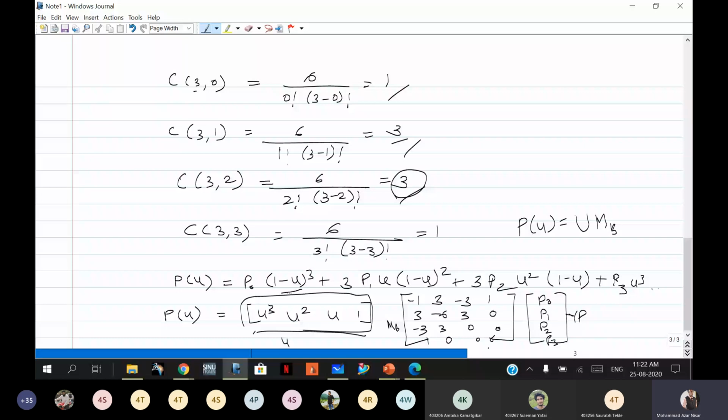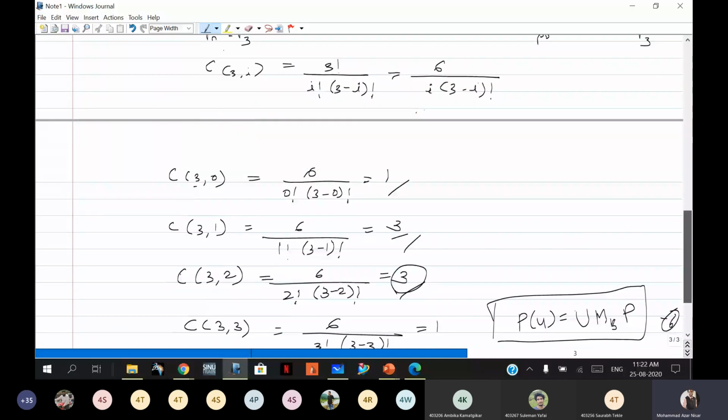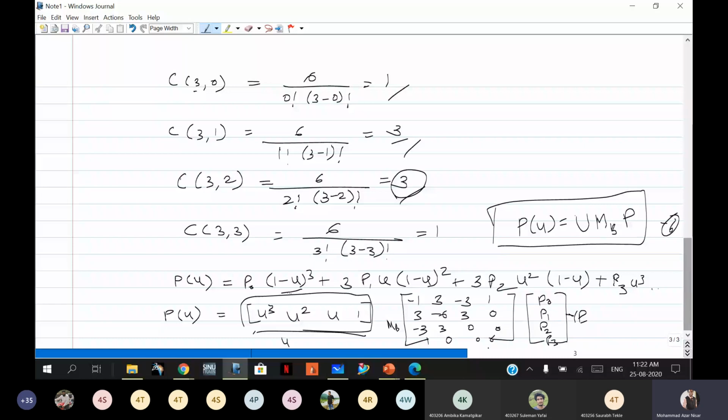In this way, if in the examination they ask you to derive the Bezier curve expression, you have to solve it. After this, you have to draw the curve by considering the degree of the polynomial n equal to 3.